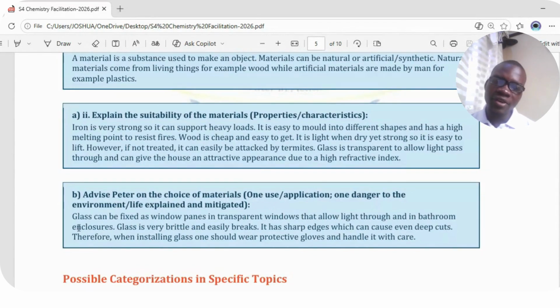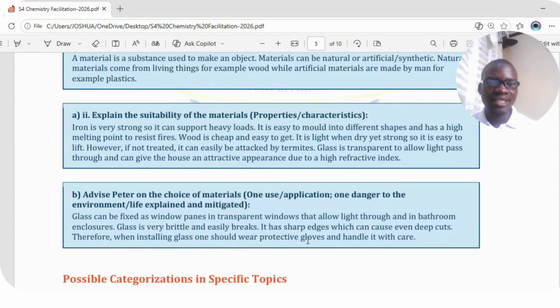So here you can say, for example, glass can be fixed as window panes in transparent windows that allow light through and in bathroom enclosure. That is a use or application. Now go on and give us the danger or challenge, then explain it and then mitigate. So here we say glass is very brittle and easily breaks.